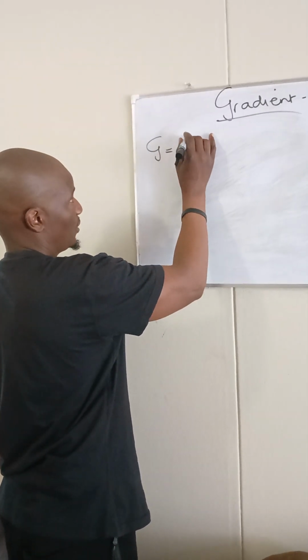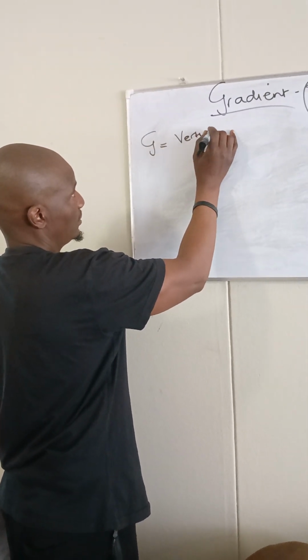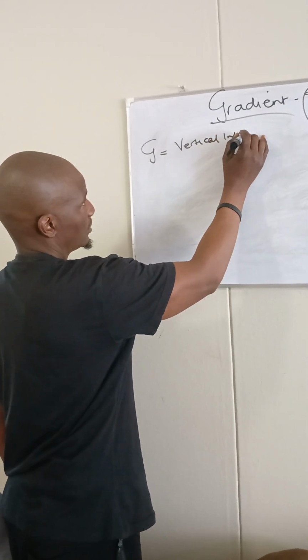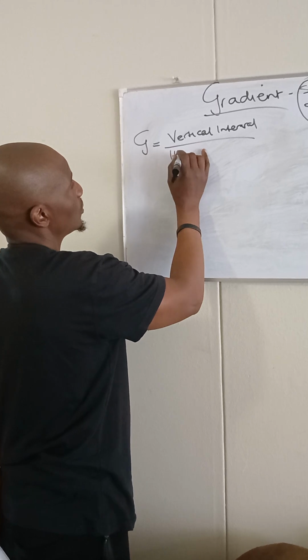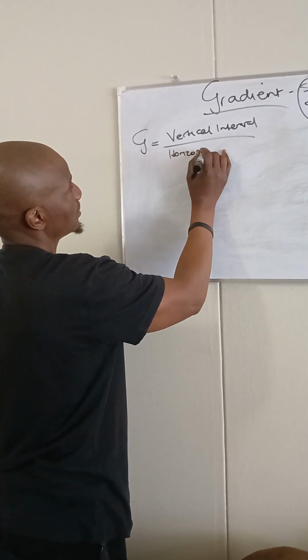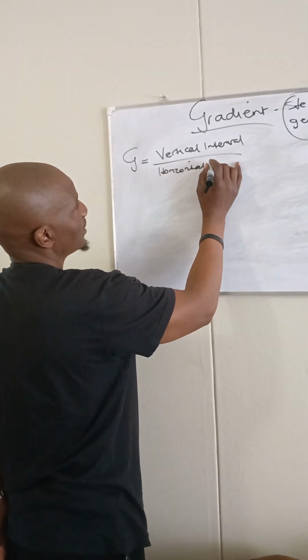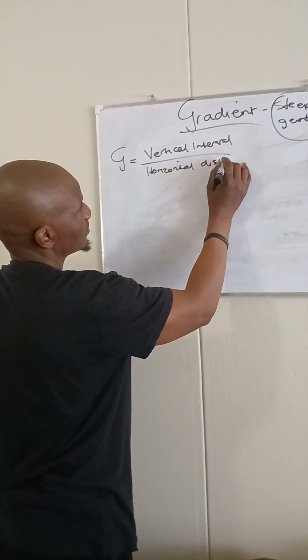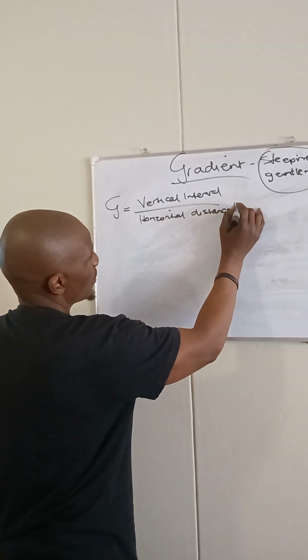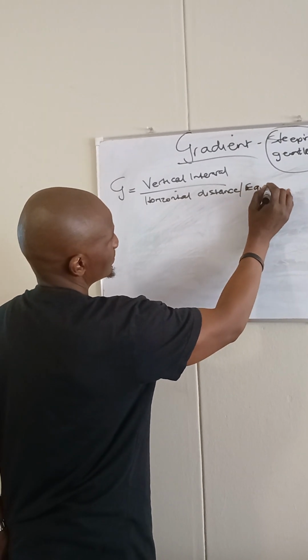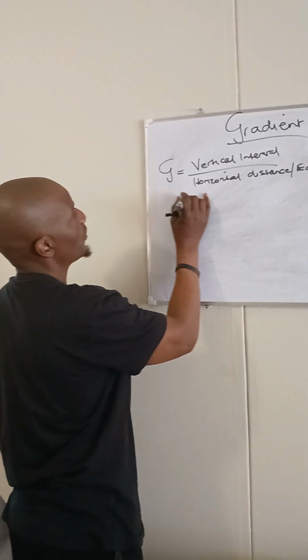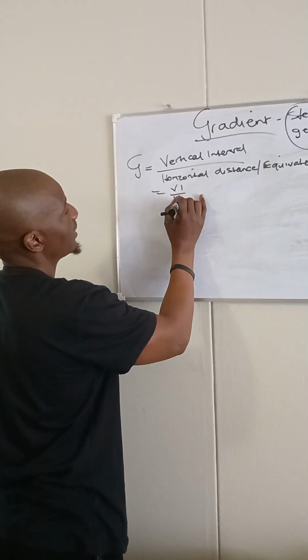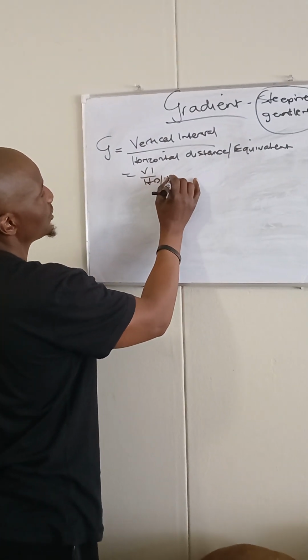Your formula is your vertical interval over your horizontal distance or equivalent. That is your formula, which is VI over HD or HE.